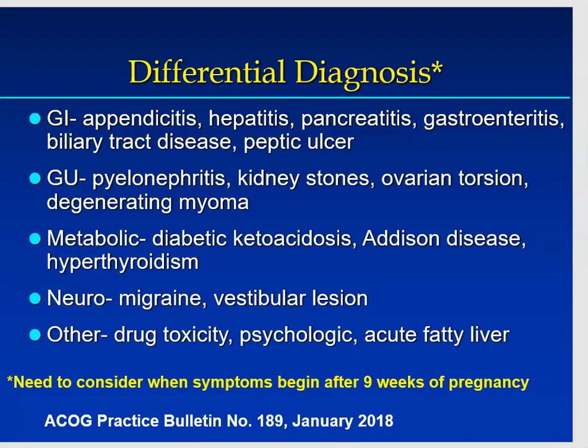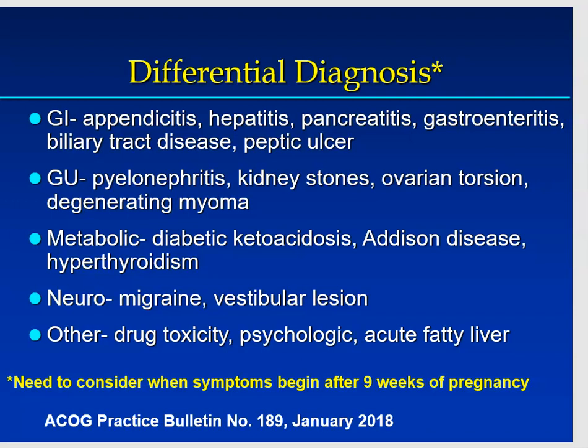In the genitourinary system, certainly pyelonephritis, stones, ovarian torsion, and degenerating myomas can simulate the disorder. But in general, some of these disorders will have fever, which nausea and vomiting in pregnancy and hyperemesis do not, and also pain in areas and of a significance not seen with hyperemesis or nausea and vomiting.